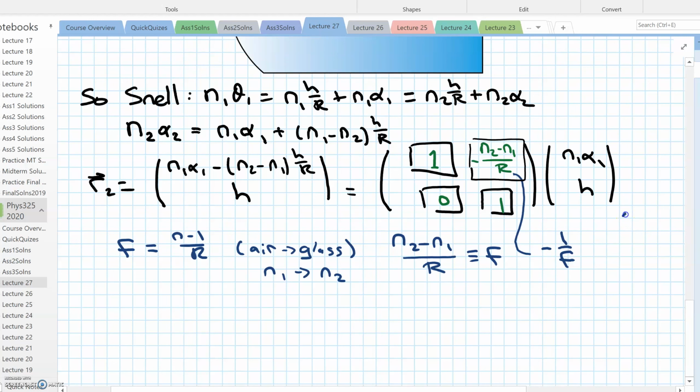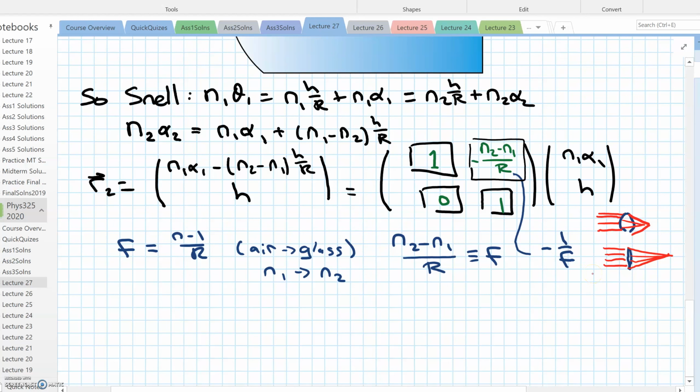What does that look like? If I have a lens like this, and it focuses everything in a millimeter within the lens, that's a very strong lens. Or if I have a puny lens like this, that focuses way far away, that's a weak lens.